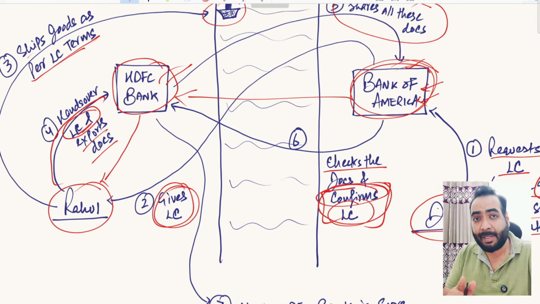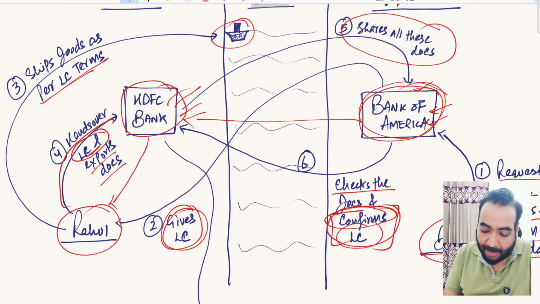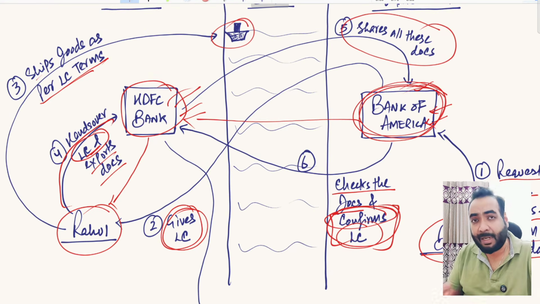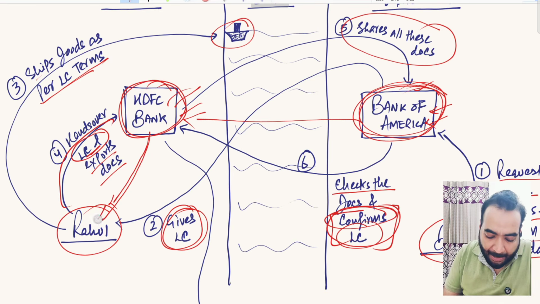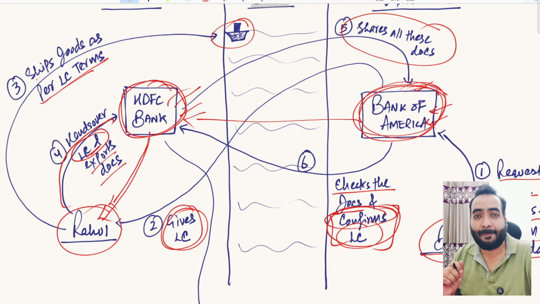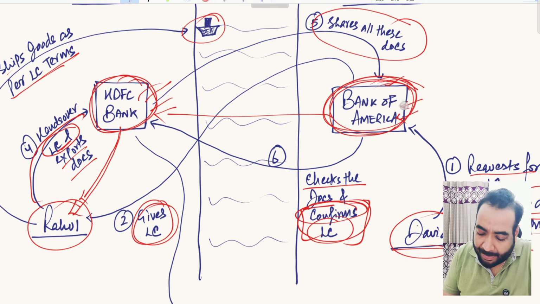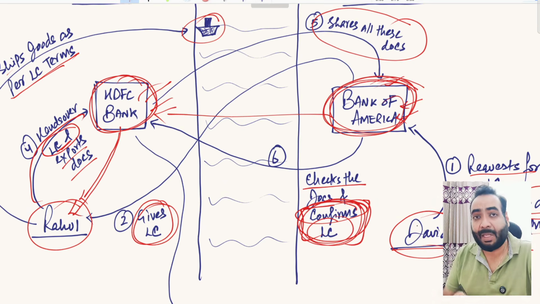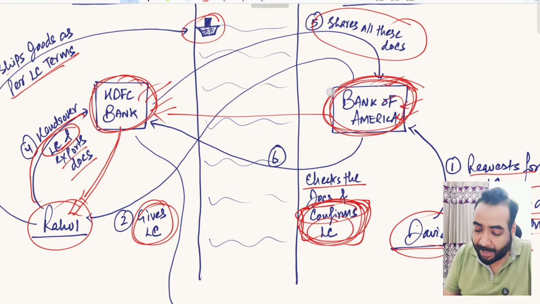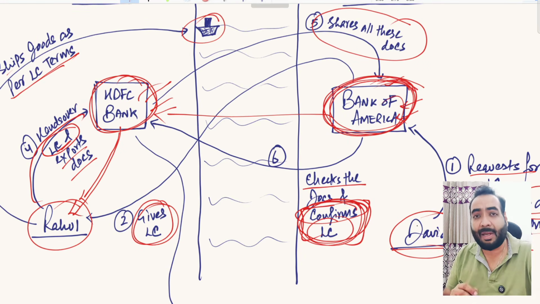But friends, one thing that you need to understand particularly here, since HDFC Bank is sure that payment will come from Bank of America, HDFC Bank will not take any collateral security from Rahul here. There is no need for any land and building as a security or any FD as a security to HDFC Bank, since LC is confirmed LC. LC is confirmed LC and it is guaranteed by another banker.